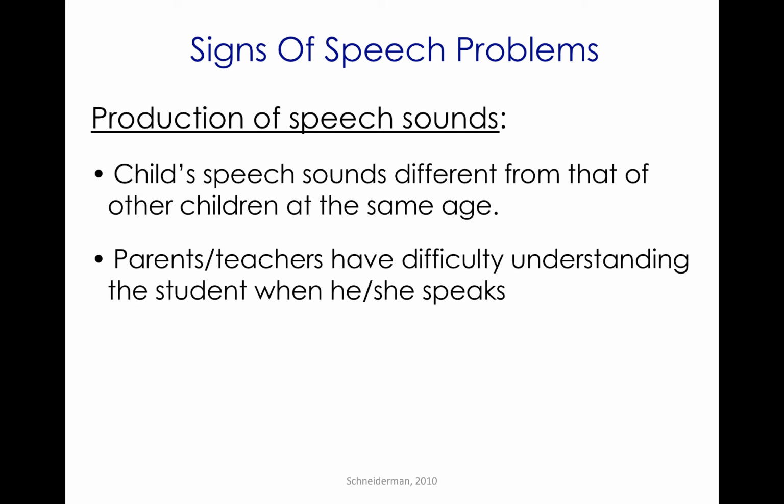Whenever you are suspecting that a child is having some possible speech problems, here are a couple of red flags to look out for. The child's speech sounds different from that of other children at the same age, or parents or teachers have a difficult time understanding the student when they are speaking.